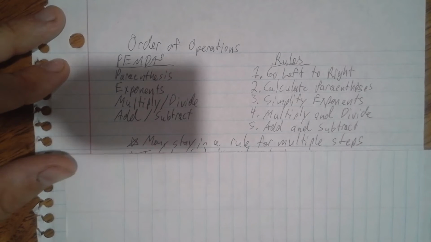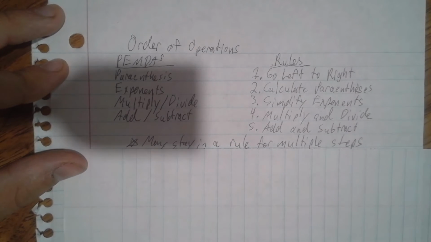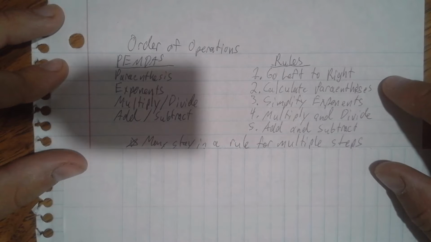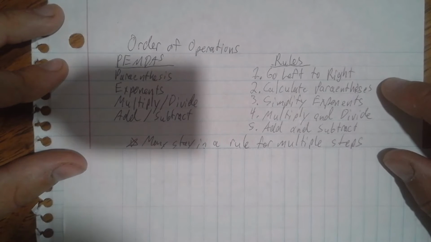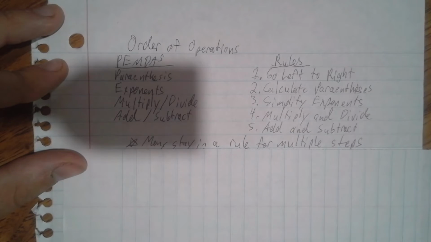And then a couple little things to add here. So, we may stay in a rule for multiple steps. You're going to see this later on in a problem. We're going to stay in parentheses for a while, and within the parentheses we're going to do other things. So you can stay within one rule essentially for multiple steps.